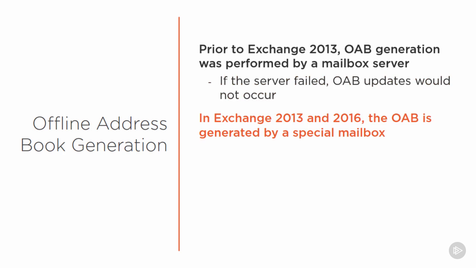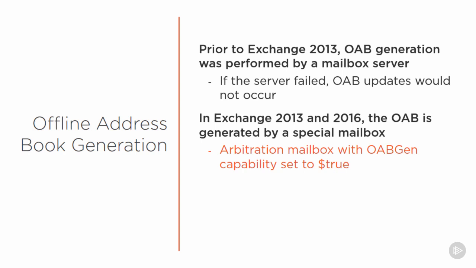In Exchange 2013 and 2016, the OAB generation was moved to a special mailbox rather than to a server. The mailbox is an arbitration mailbox with what is known as the OAB gen capability set to true. And when you host that mailbox in a database availability group, then you get high availability for it, and it's no longer susceptible to that single server failure taking the OAB generation function offline.